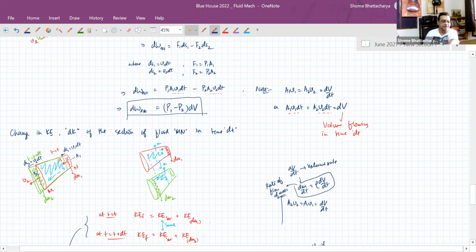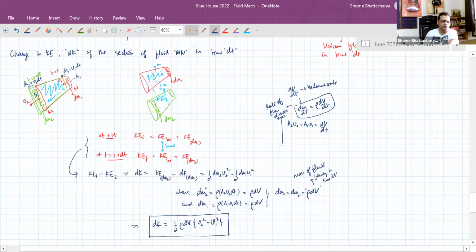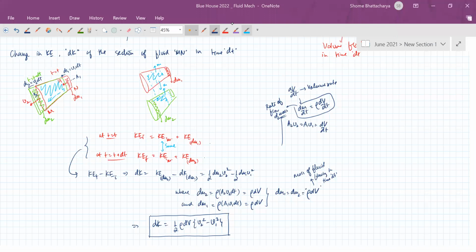So the kinetic energy initially was the middle part's plus dm1's. And after a time dt, it became the middle part's kinetic energy plus this section, dm2, minus the kinetic energy of this section, dm1. That's why it's coming in this order. It's 2 minus 1. Hope that is clear.